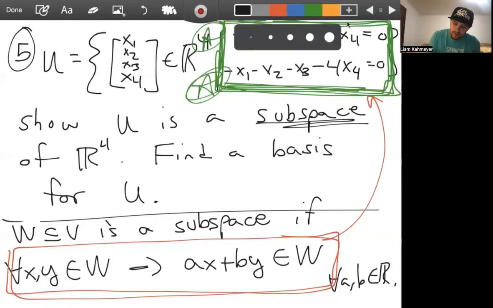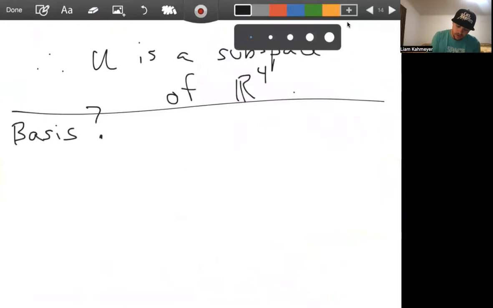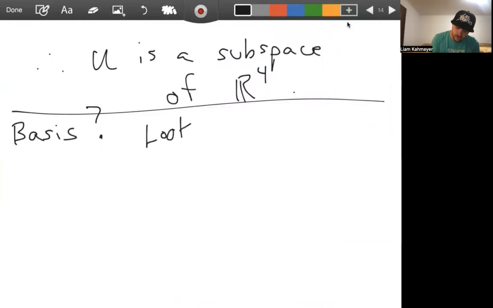And so really, to find a basis, we need to look at the restrictions.